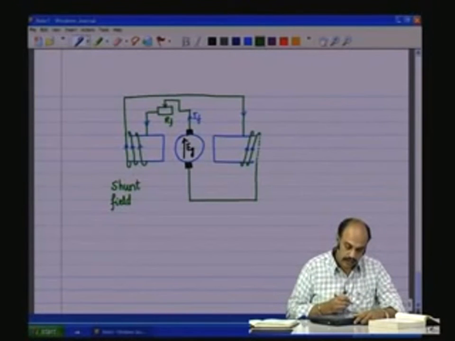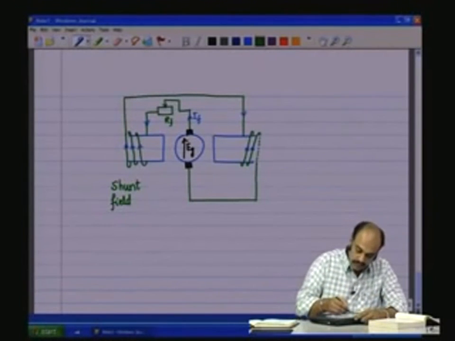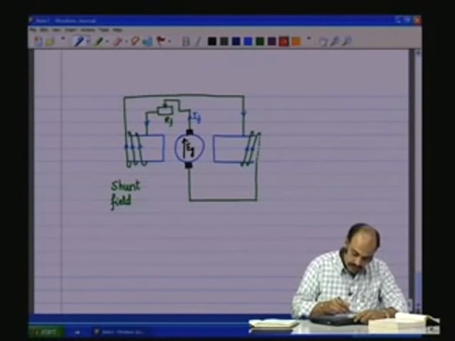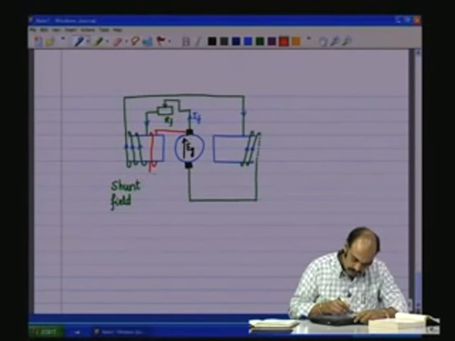We also need to connect the series field, which means through the load. So, let us have the load component taken again from the brush. Before it is given to the load, actual load terminal, let us make some windings on that.